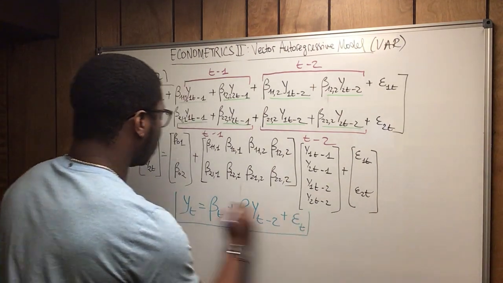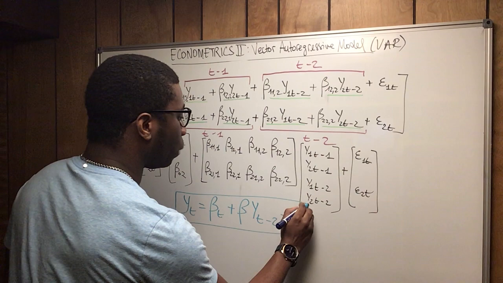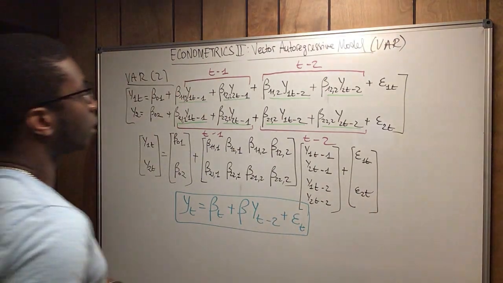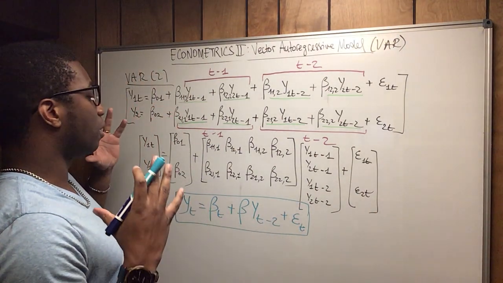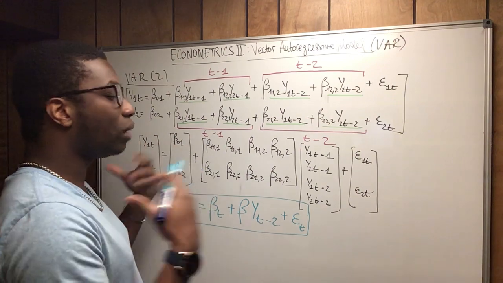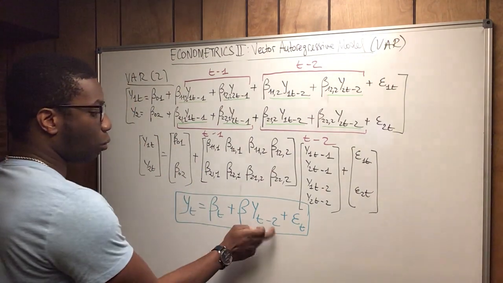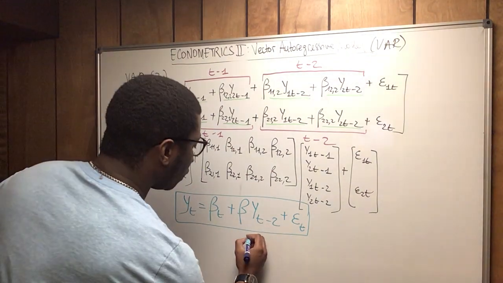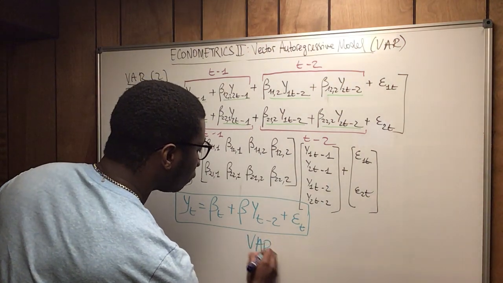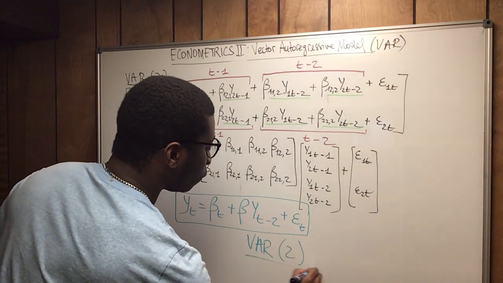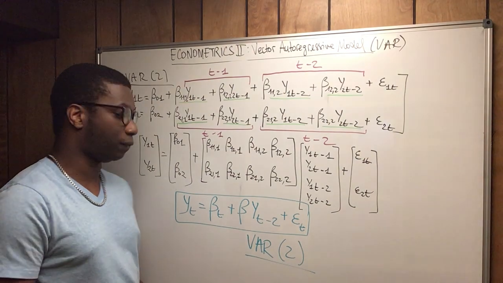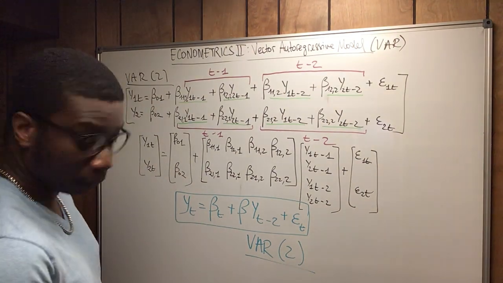And here we have t minus 2 because we know that we are dealing with two lags, like two lags in the past. So that's why we have this. So this is the VAR 2, Vector Autoregressive Model 2.